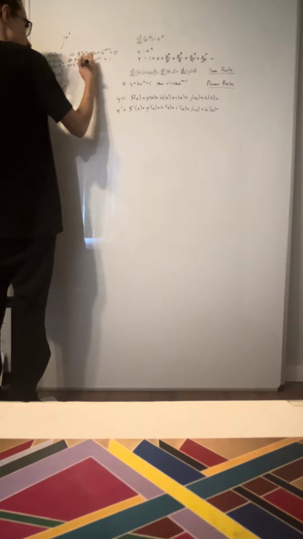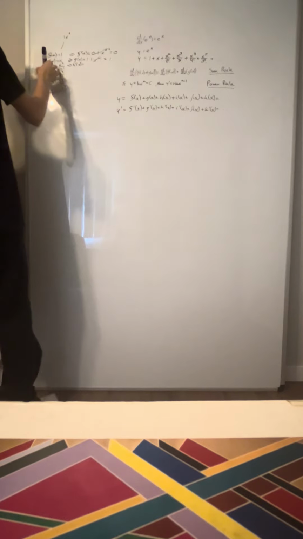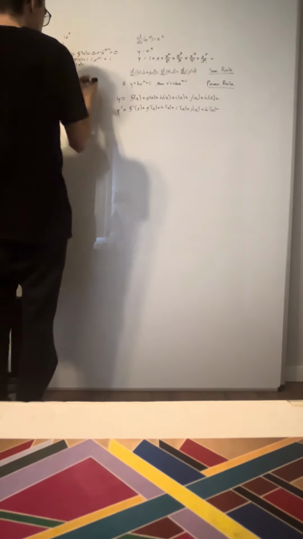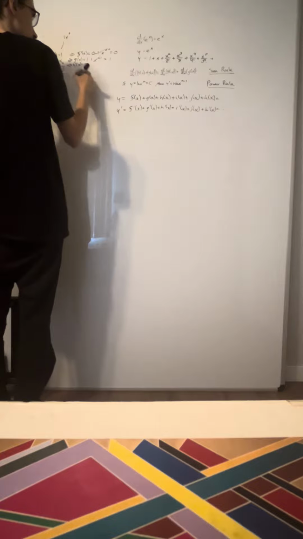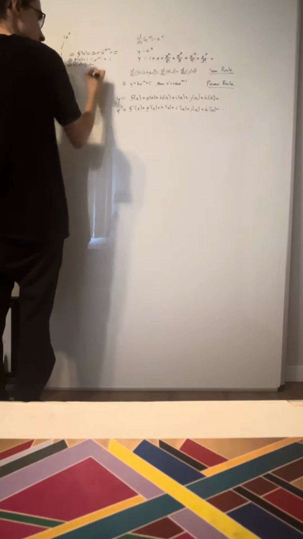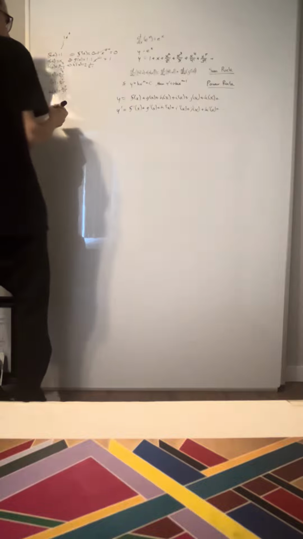So h prime of x equals, well, in this case 1 over 2 factorial is going to be the coefficient, so we're going to have 2 for n times 1 over 2 factorial is just the same as 2 times 1.